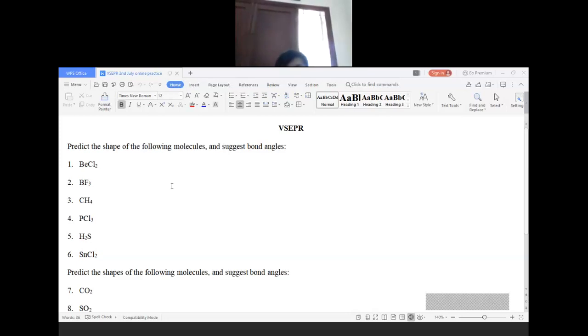Matthew, number 5, in hydrogen sulfide, could you tell us how many bond pairs there are? Two. How many lone pairs are there? Two. So, what is the shape? Uh, V shape. Yes. What is the bond angle? 104.5. Yeah.